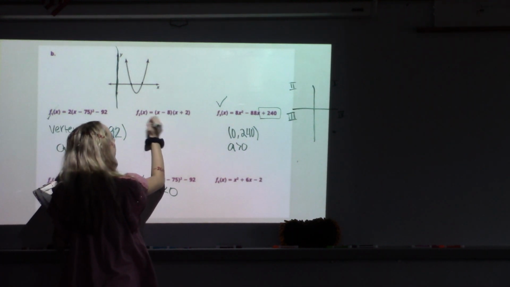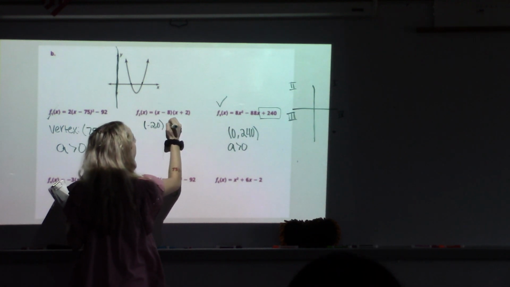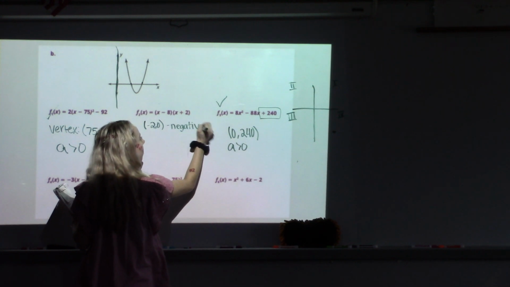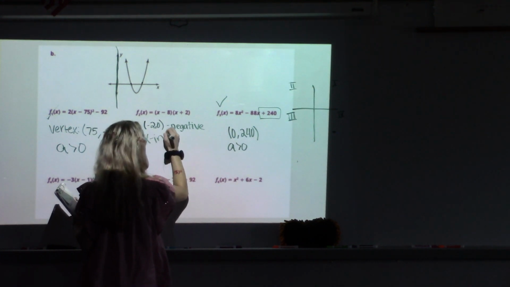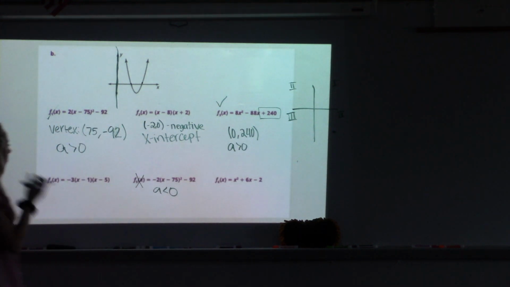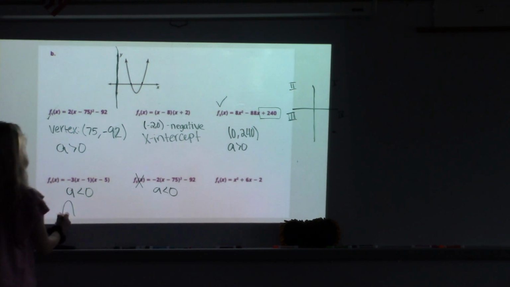So I would say maybe the negative 2, 0 is a negative x-intercept. Okay, so what about function 4? This gives me 2 positive x-intercepts. That one should work, right? Okay, the concavity, that a is less than 0, so that would be concave down.